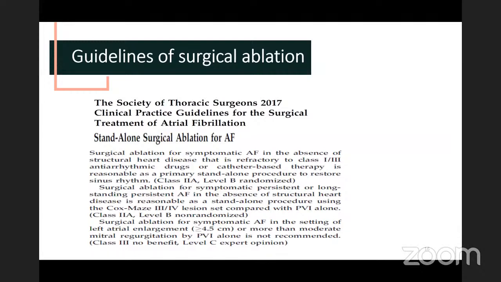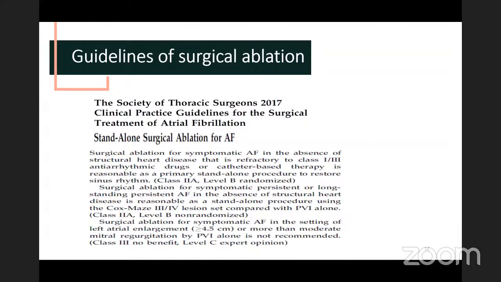Class 2A, level of evidence B, randomized trials. Surgical ablation for symptomatic persistent or long-standing persistent AFib in the absence of structural heart disease: it's also reasonable to do a standalone Maze, class 2A, level of evidence B, non-randomized.